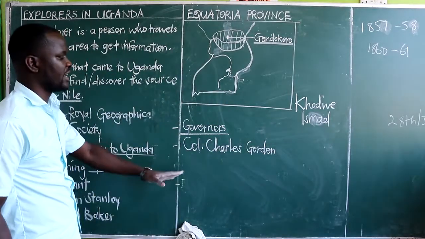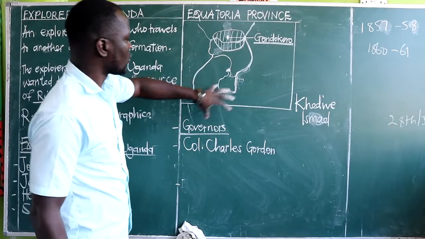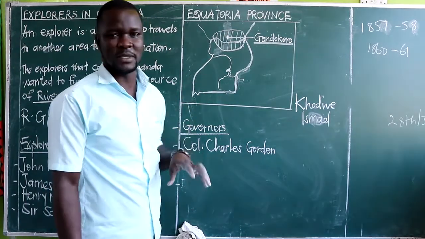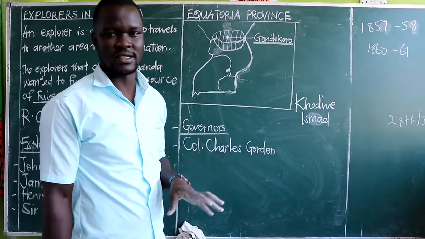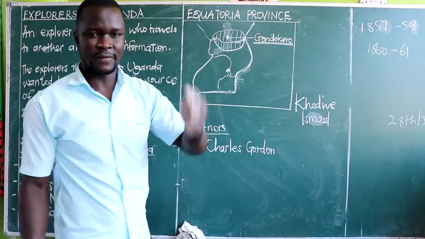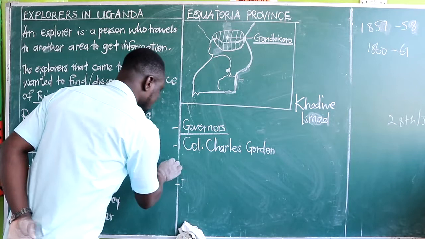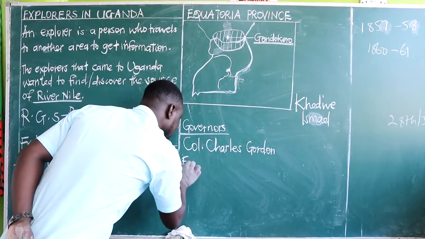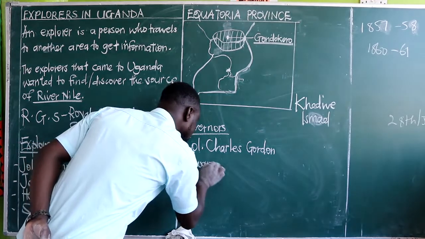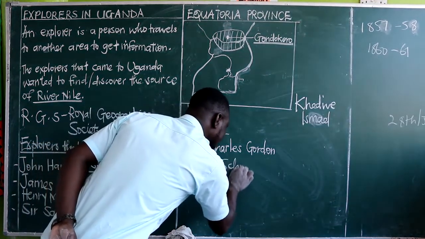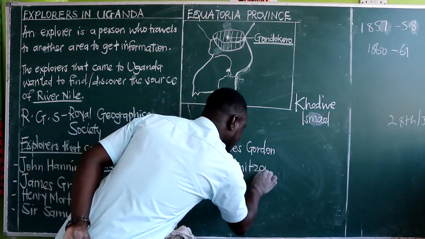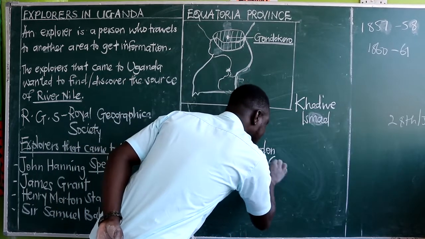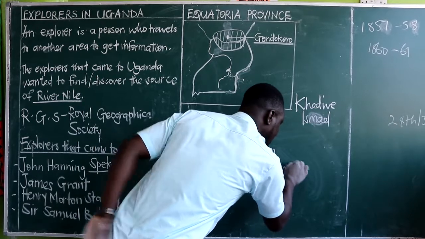He also tried to convince Ugandans and the Sudanese to accept the Egyptian rules or policies. Still, he also failed. And finally, they appointed Sir Edward Schnitzer, who was also nicknamed Emin Pasha.